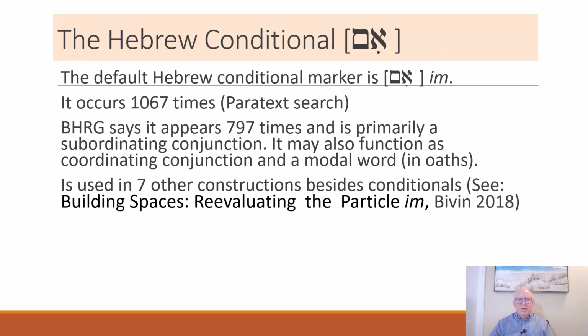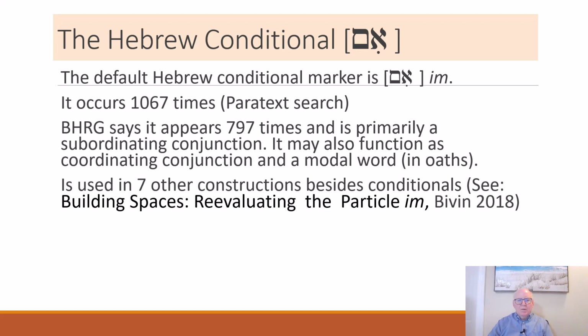Now I want to cover some information about Hebrew conditionals, since it's very important to determine if something is a conditional and what type in Hebrew, and it's fairly complicated. The default Hebrew conditional marker is im. When I searched in Paratext, it said that lemma occurs 1,067 times. The BHRG says it appears 797 times as a subordinating conjunction.